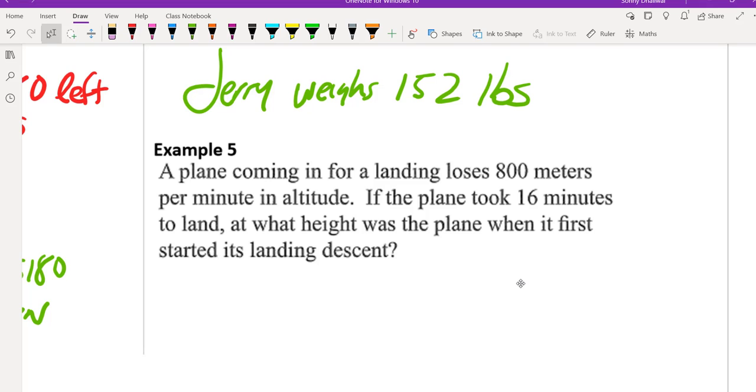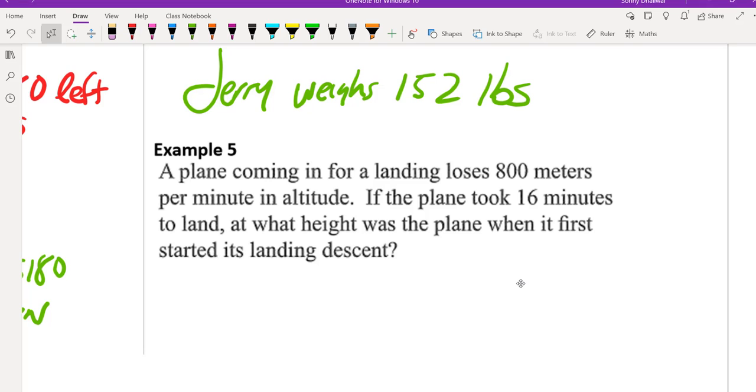A plane coming in for a landing loses 800 meters per minute in altitude. If the plane took 16 minutes to land, at what height was the plane when it first started its descent? Right? So every minute, the plane drops 800 meters.